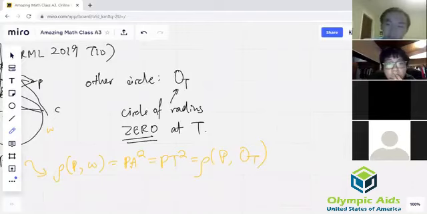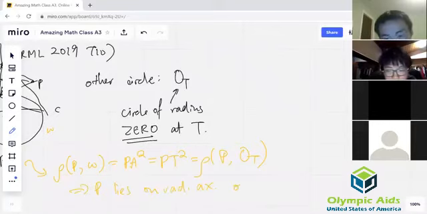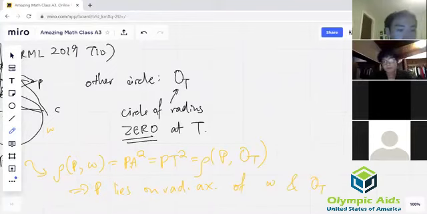This is actually a somewhat common trick, not too common, where you set a circle of radius 0 centered at a point. And this tells us that P lies on the radical axis of omega and 0t.